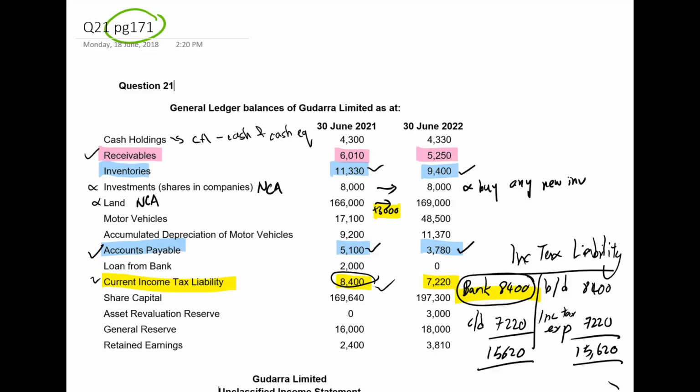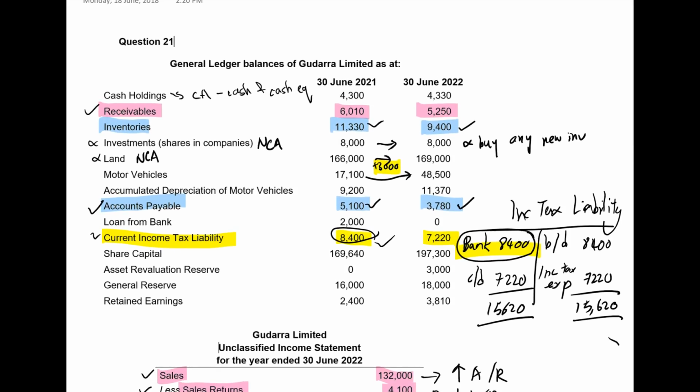Next one will be motor vehicles. If you look at your motor vehicles, they have increased from 17,100 to 48,500. This is because you have bought new motor vehicles. So you need to record this in your investing activities.